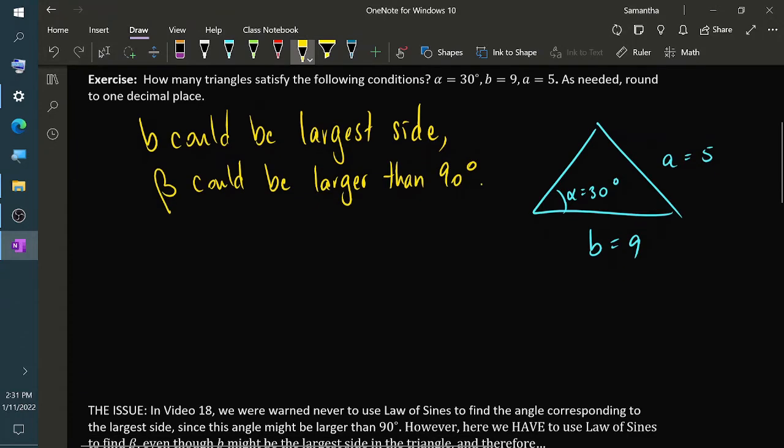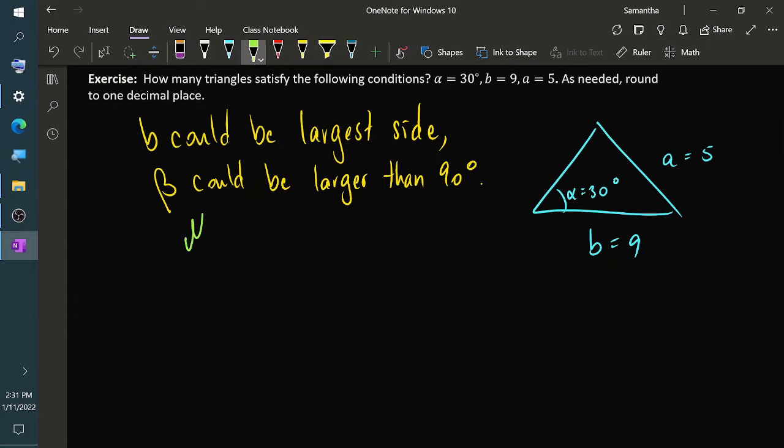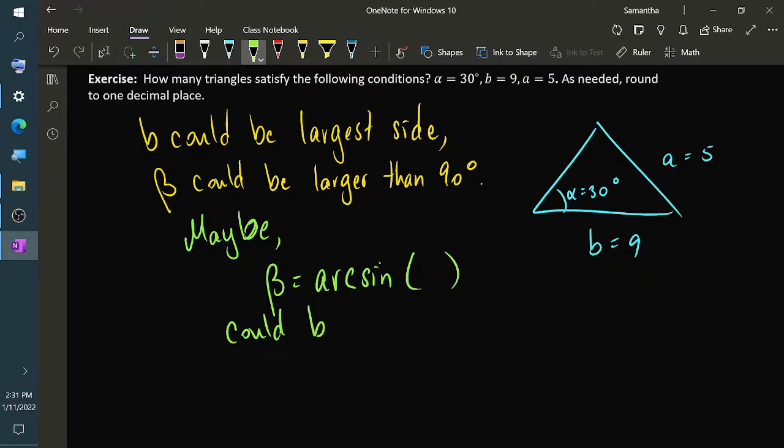So, since beta could be larger than 90 degrees, if I try to find beta by setting it equal to arcsine of something, this could be wrong. Because arcsine is always less than 90 degrees, but beta could be larger than 90 degrees.